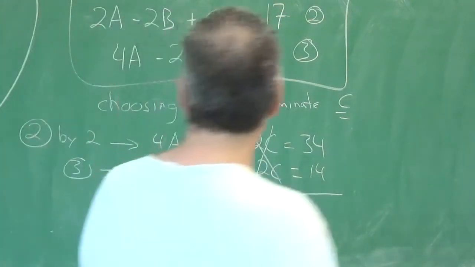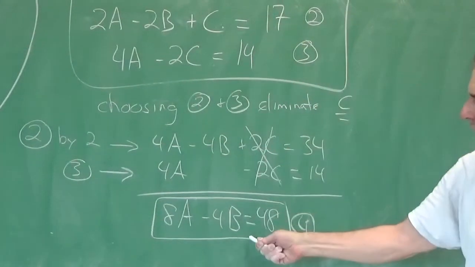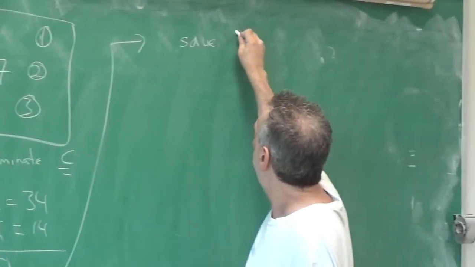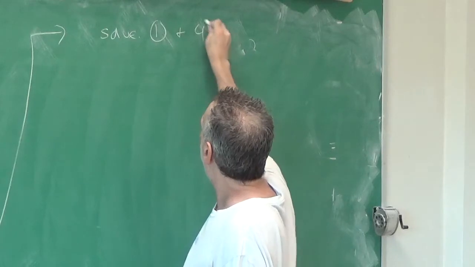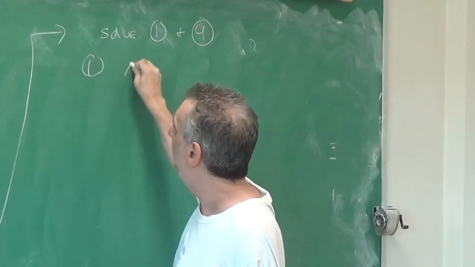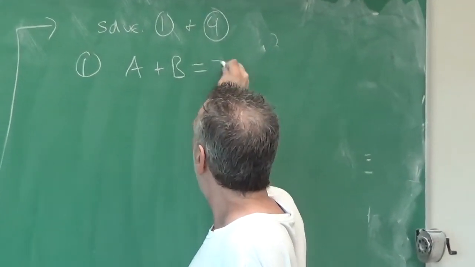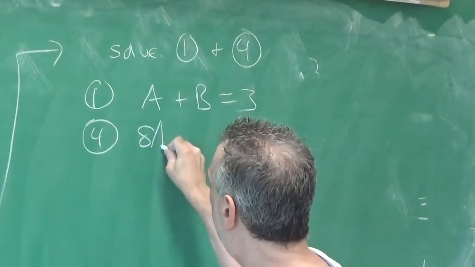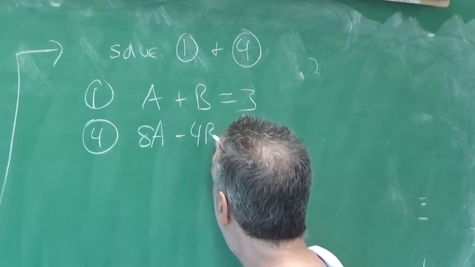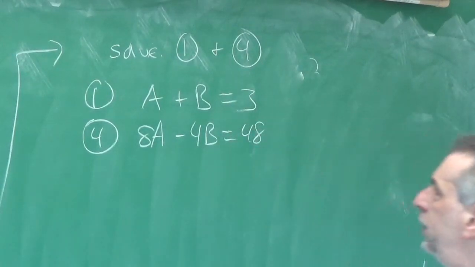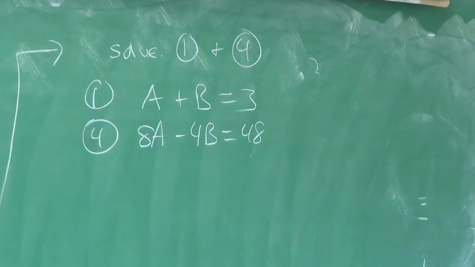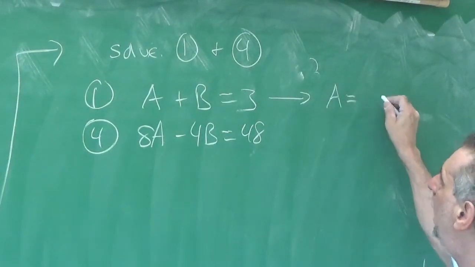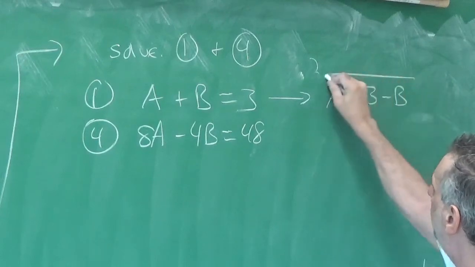Well, now I have two equations in a and b, equation 1 and equation 4. So now solve 1 and 4. Equation 1, a plus b equals 3, and equation 4, 8a minus 4b equals 48. So nice, easy, two equations, two unknowns. Let's use substitution here. We'll solve for a and get 3 minus b.